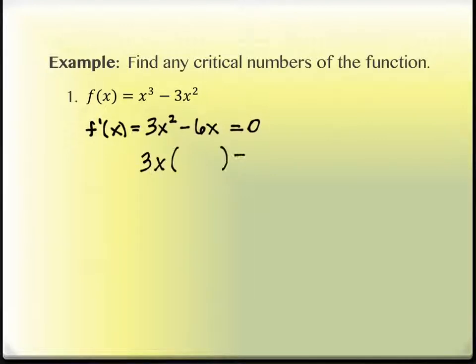So if I factor out 3x, what will I be left with? 3x minus 2. Fabulous. Everybody good with that? Cool. And then we set each factor equal to 0 to solve. So x is 0 and x is 2. And those are my critical numbers.